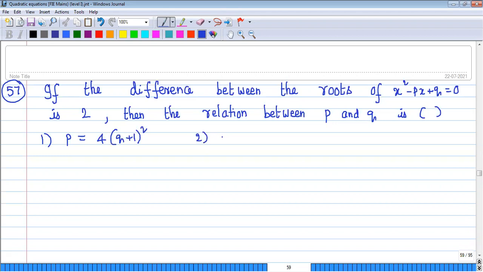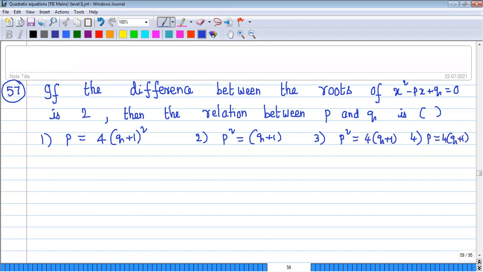Second one is p square equals q plus 1. Third one, p square is equal to 4 times (q plus 1). Fourth option is p is equal to 4 times (q plus 1).